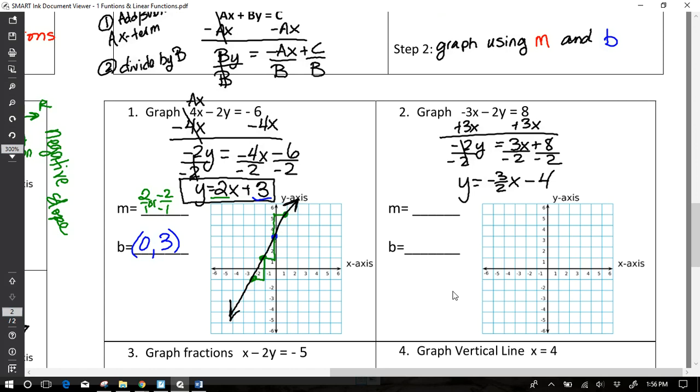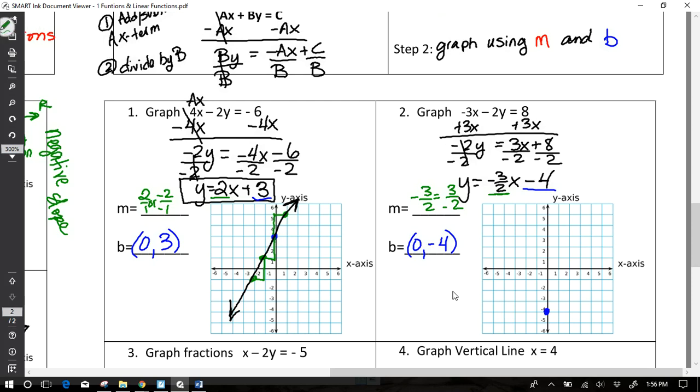But once we're in slope-intercept form, now we're ready to graph it. And this is probably the easier part anyhow. So here's my slope, negative 3 over 2. Or you could do positive 3 over negative 2. Remember, those things are equal. And then your y-intercept is 0, negative 4. So I'm going to plot negative 4.